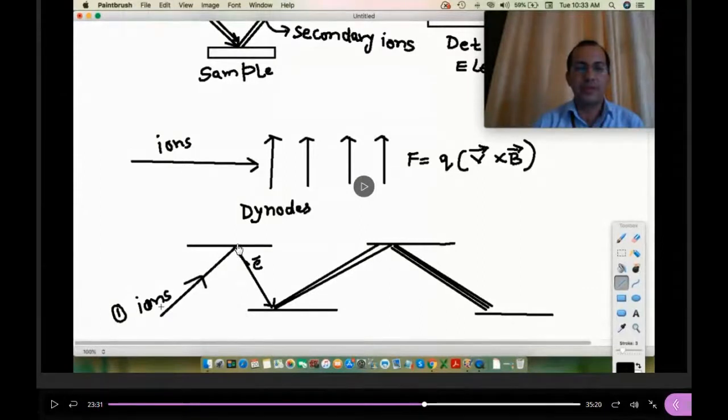So in this case the diode material should have a low work function, so that you need minimum energy to get the electrons from the diodes. So the ions will be incident, and electrons will be liberated from the diodes. That is the procedure which we have discussed.